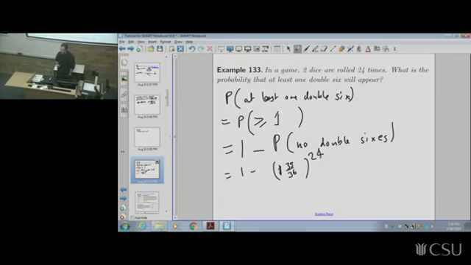Was it 25 over 36? No, because the chance of getting a double six is 1/6 times 1/6. Yeah, sorry. So it's easier to write it in this way, I reckon. You don't want a double six. So how do you get a double six? Well, you want a 6 and a 6. That's 1/6 times 1/6. We did that before. It's 1 over 36. And we want the opposite of that. So 1 minus that would be 35 over 36.